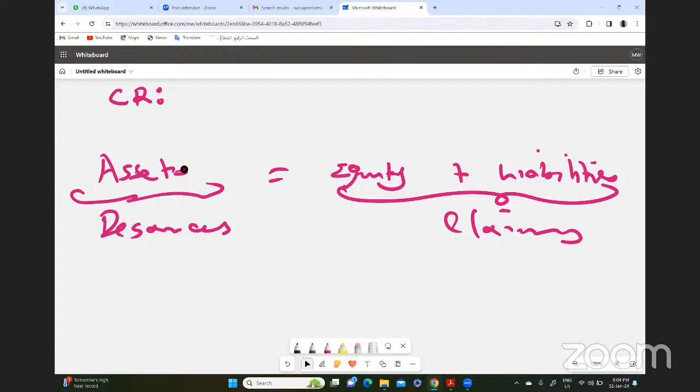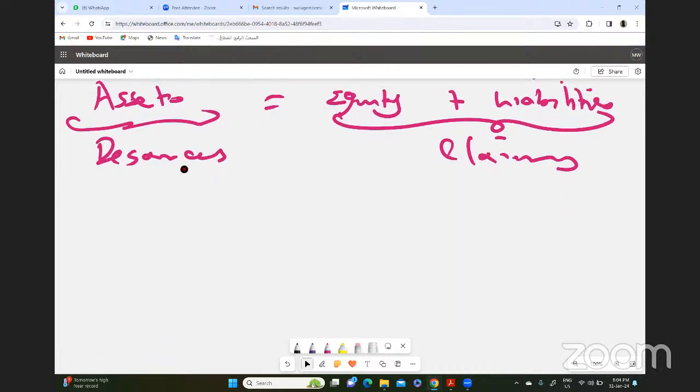So what we call double entry stems from duality: there is a dual effect for each transaction. And the dual effect is represented by the equal sign. So we have a left-hand side and a right-hand side.